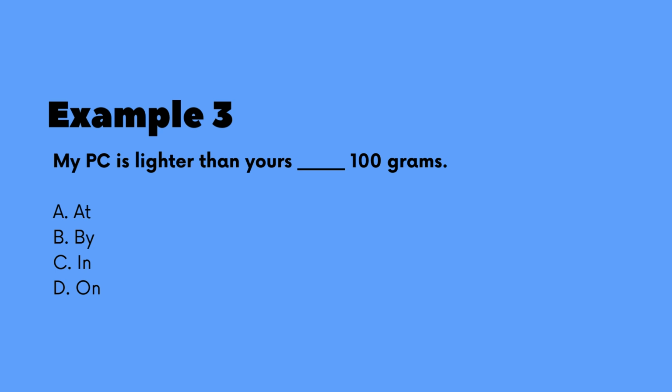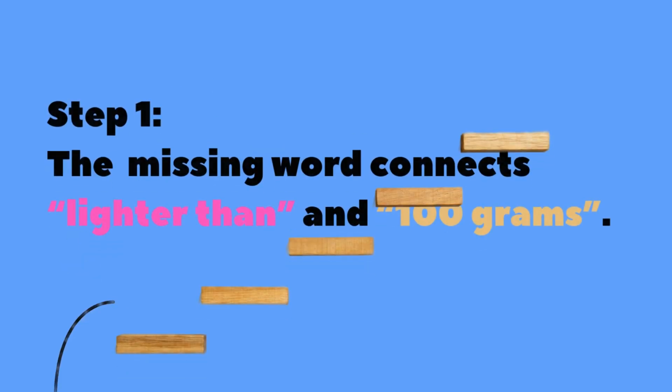The last example is: my PC is lighter than yours, dash 100 grams. My PC is lighter than yours, dash 100 grams. So step 1, the missing word, in this case, I think, connects "lighter than" and "100 grams."